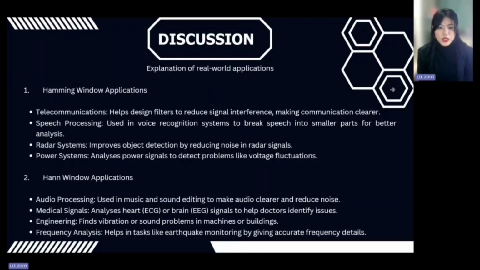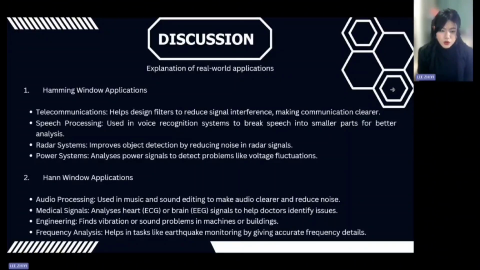Speech processing is used in voice recognition systems to break speech into smaller parts for better analysis. Radar systems improve object detection by reducing noise in radio signals. And the last one is the power system, analyzing power signals to detect problems like voltage fluctuations.